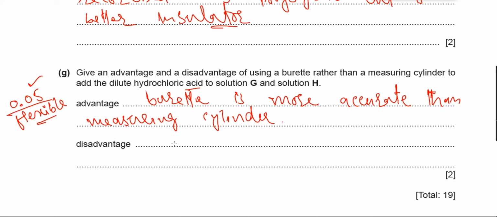Okay, so simply write it down: it will take more time, so that may cause inaccurate measurement of the temperature. So the question is complete over here, and we will continue with the next question in our next video.